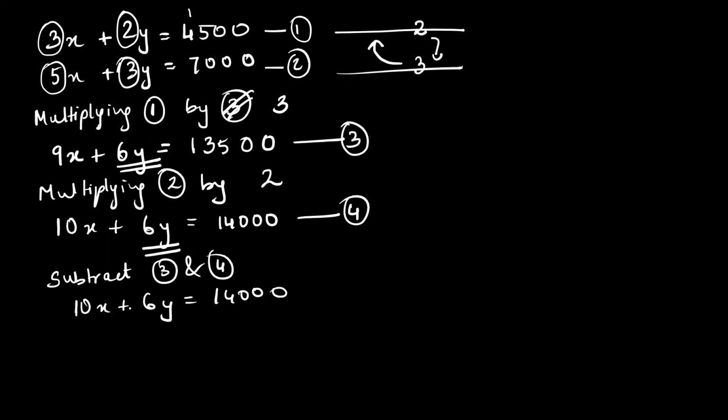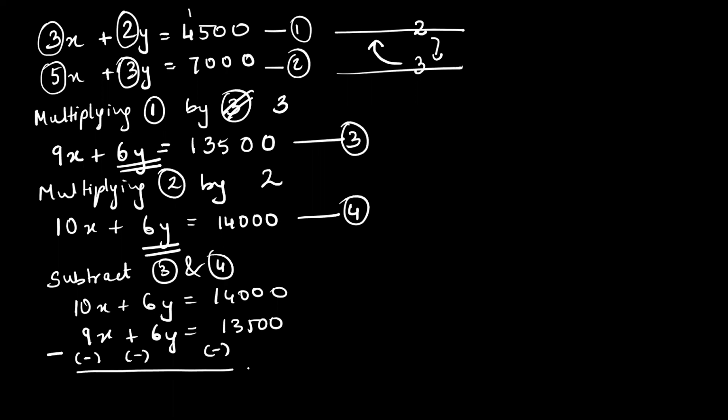I write equation 3 below: 9x plus 6y is equal to 13,500. And I will subtract. Subtract means all the signs will change. Plus will become minus, and if there was minus, it would become plus. Now plus 6y minus 6y gets cancelled. 10 minus 9 is x. This subtraction will give you 500.